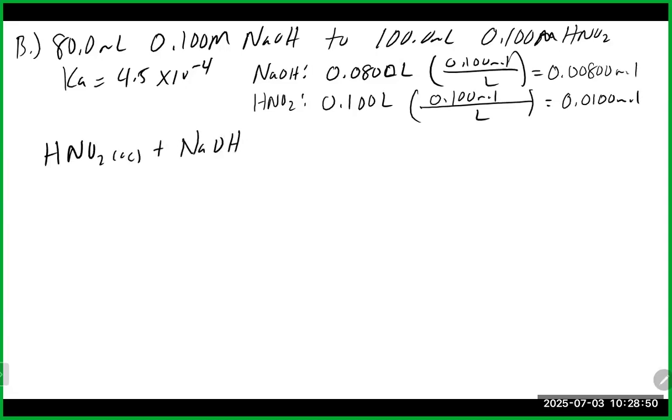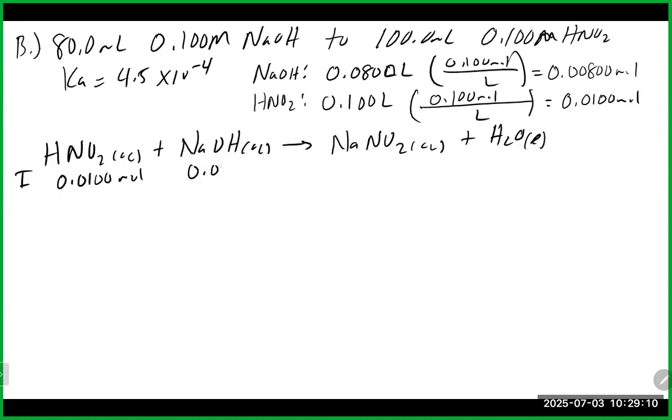We could do our reaction, which obviously is our acid here and our base. Going to do obviously an acid base reaction. And we will get some sodium nitrite and some water in this case. Using our moles here, we had 0.01 moles. We had 0.008 moles here. Again, that is what we're starting with. That is what we are adding in this case, and we have 0.